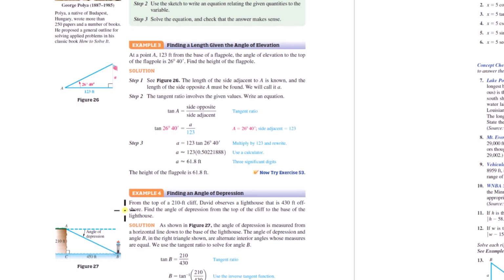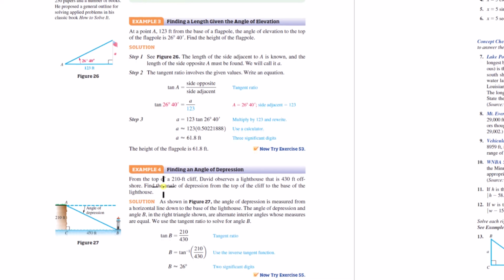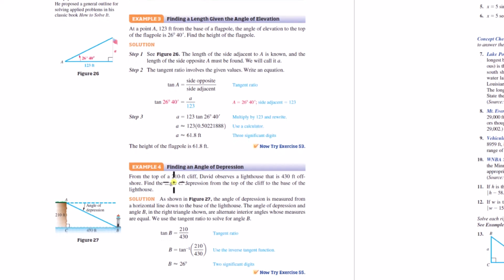Angle of depression here, you know how high you are up a cliff, and you know how far that cliff is from a light tower. So then you could find the angle of depression from you to the base of the light tower.